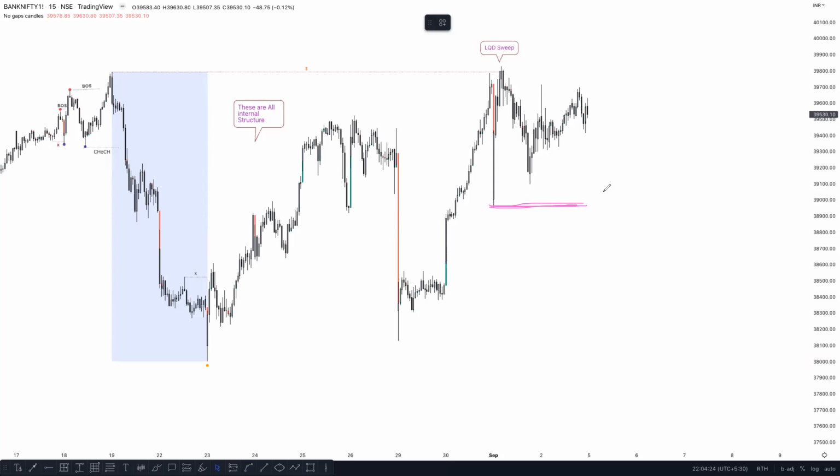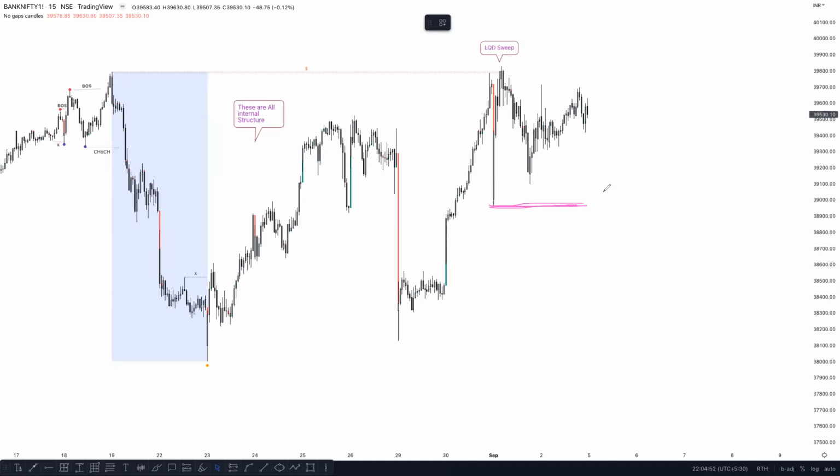So this is a serial: first is structure, second is inducement, third is order flow, and fourth is order block. And when the market has taken out the inducement, we can start buying or selling if everything fits your criteria for the buy and sell.